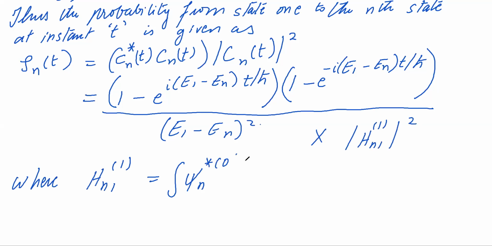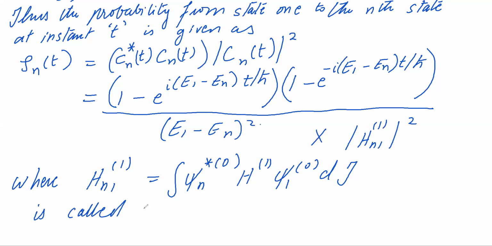So this is H1 psi 1 and theta. This is called matrix elements of perturbation.